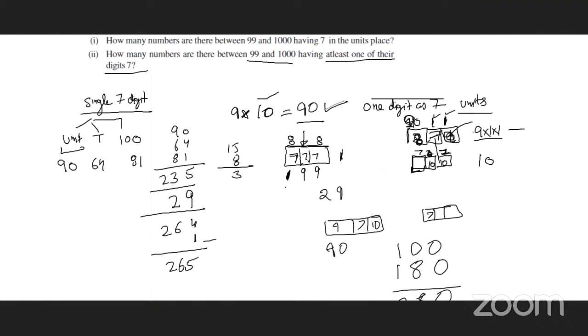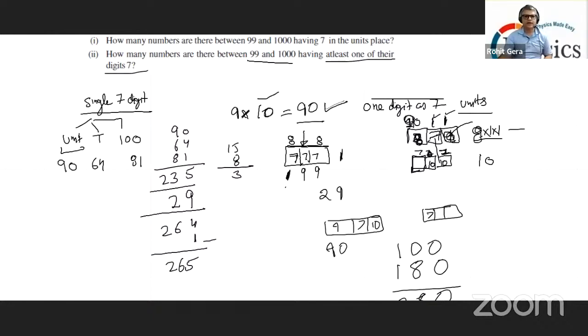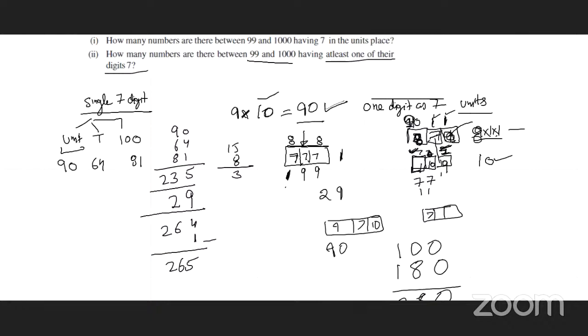And if I shift the 7 to the extremes, then I have 7 here and 7 here, 1 and 1, then I can have repetition, 10. So this is fine. 8 and 10, 18. And if I have 7 and 7 here, then I can only have 10 again, right? 28.